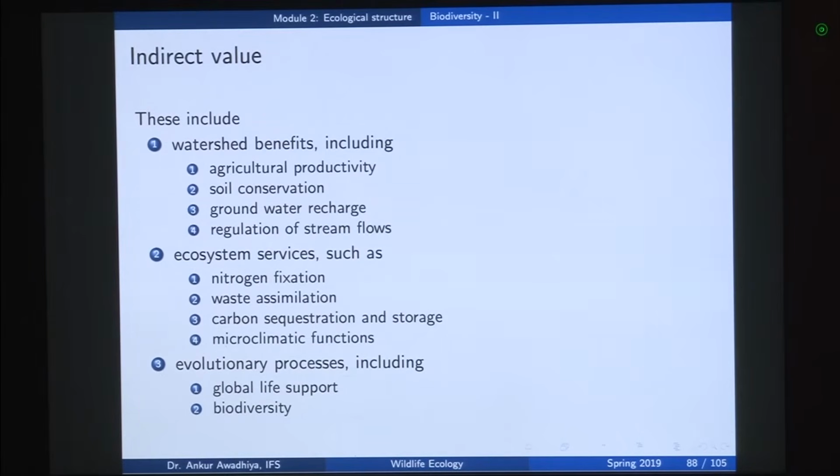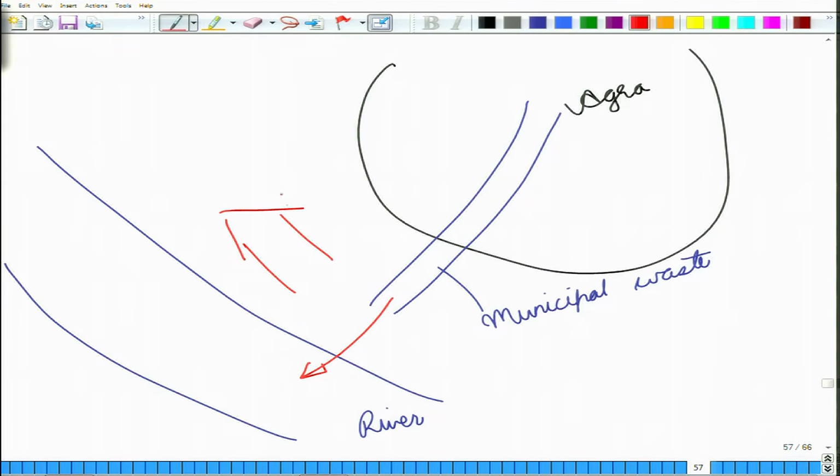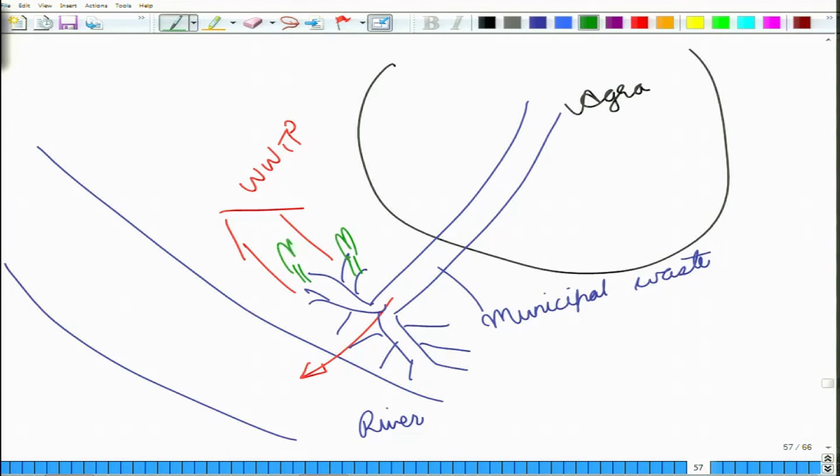Now, to treat this wastewater, you could go for a wastewater treatment plant. But then what people in Kakreta did was that before this was left out into a river, this wastewater was divided into a number of channels, and around those channels they planted trees.